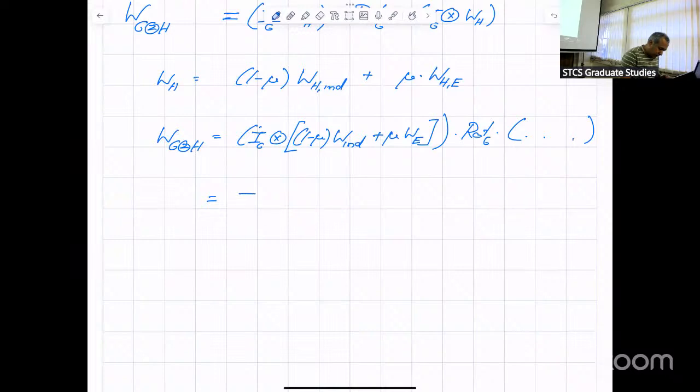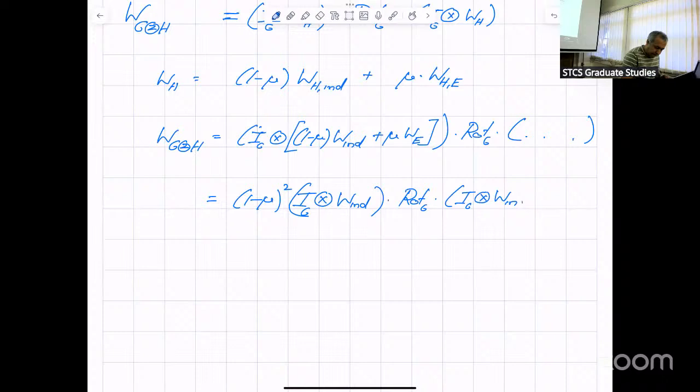This looks like I G. This looks like 1 minus mu square I G cross W int, rot G, I G cross W int. That will just come out as this.